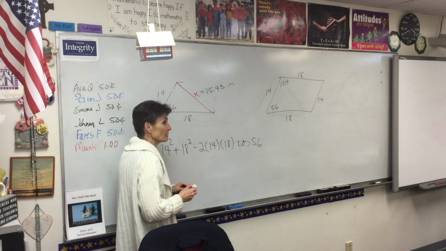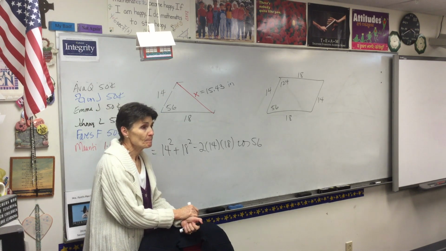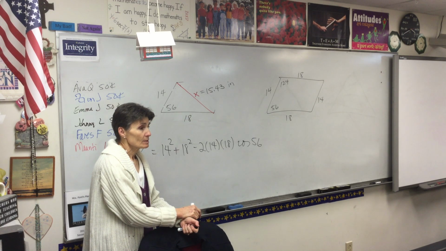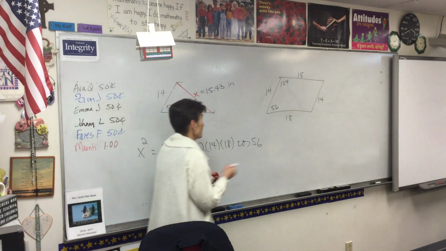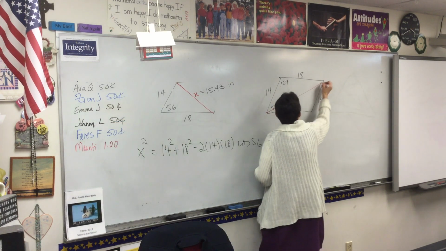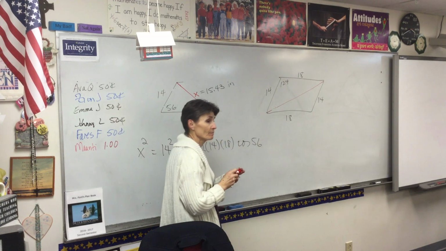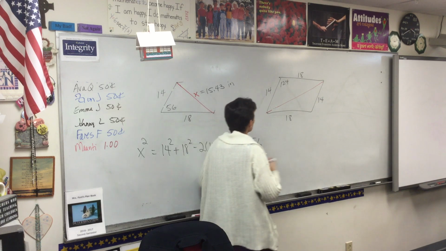You gotta put a diagonal in, right? Yep. Now, does it matter which diagonal we put in? No, doesn't matter. So which one do you wanna put in, the long one or the short one? Long one. If we put in the long one, then we're gonna be using angle 124. Right?